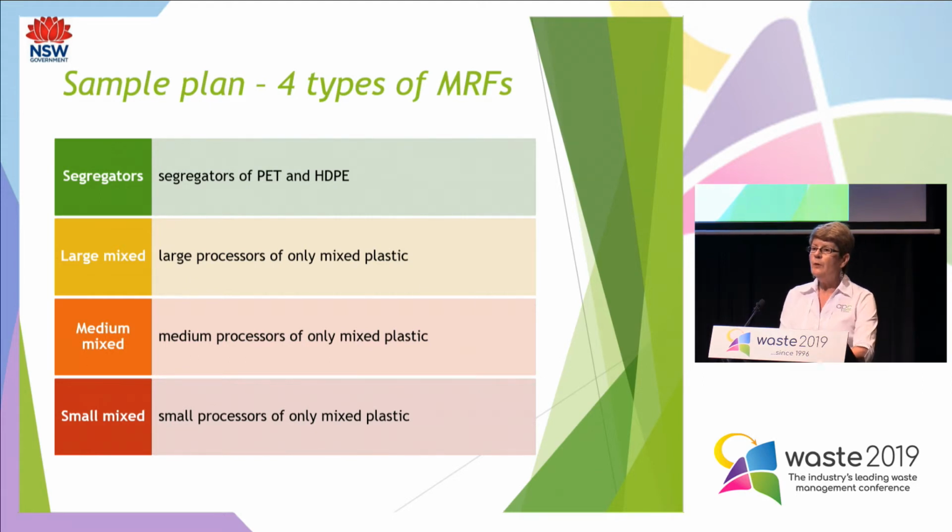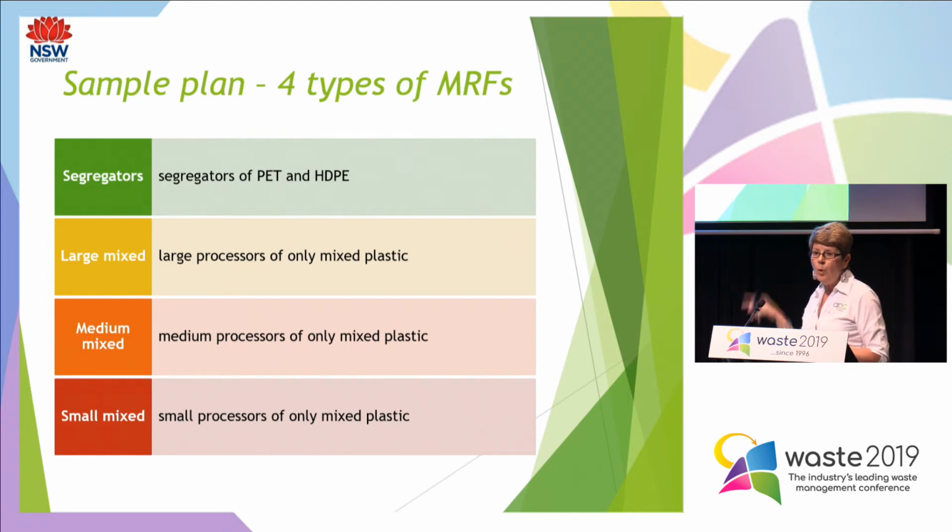MRFs are defined by this definition. There are 4 different types of MRF. The first is, do they separate PET and HDPE from other plastics, or is it just all mixed plastics together? And often the MRF will change from one method to another depending on where their markets are. And then if you're a mixed plastics MRF, then you may be small, medium or large.